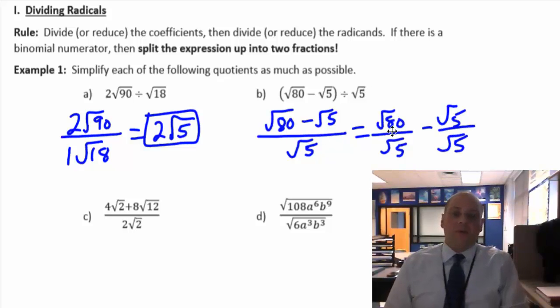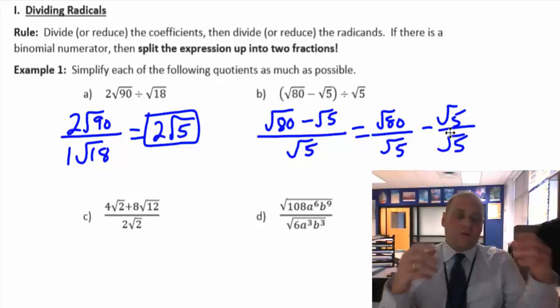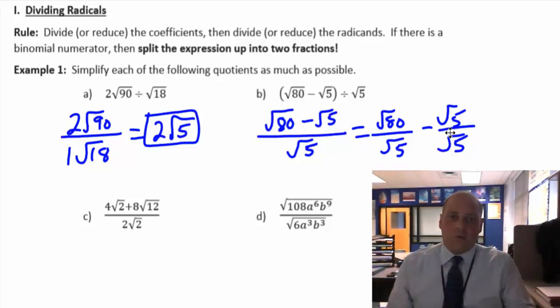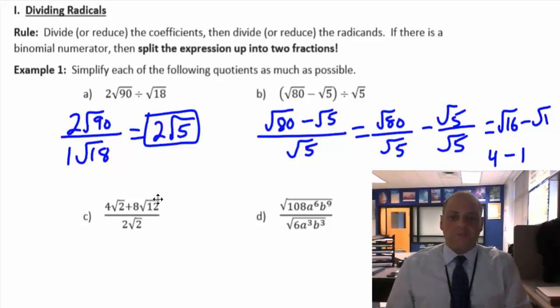Just splitting it up because, again, that's what would happen if you had a subtraction problem. You would combine the like terms, or combine it into one fraction with a radical 5 denominator. So this is the exact same thing. So now we have radical 16 minus radical 1. And of course, the square root of 16 is 4, and the square root of 1 is 1. So 4 minus 1, and that is 3. Okay, so you get 3 there.